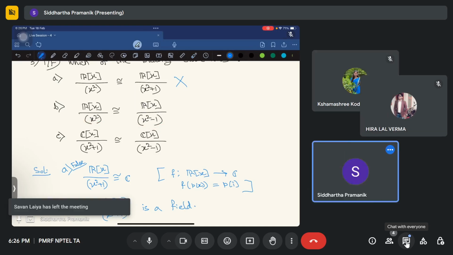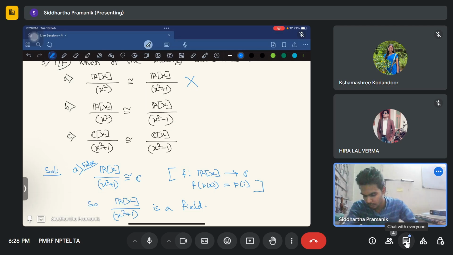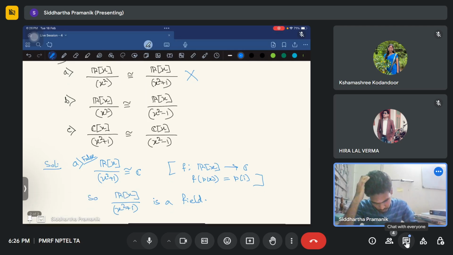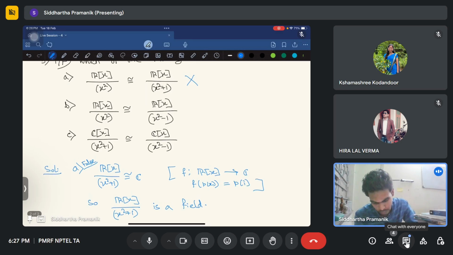Or you can also use, let's say, the Chinese remainder theorem. Okay, let me do it using the Chinese remainder theorem.